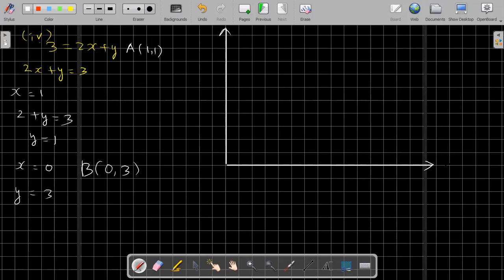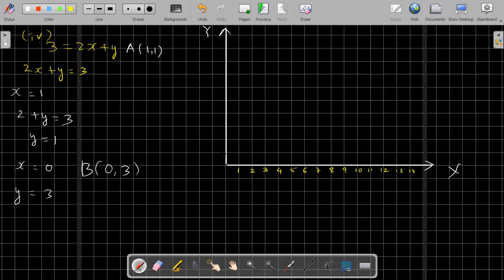So this is our x-axis, this is our y-axis, and on the x-axis we have the numbers 1, 2, 3, 4, 5, 6, 7, 8, 9, 10, 11, 12, 13, and 14.